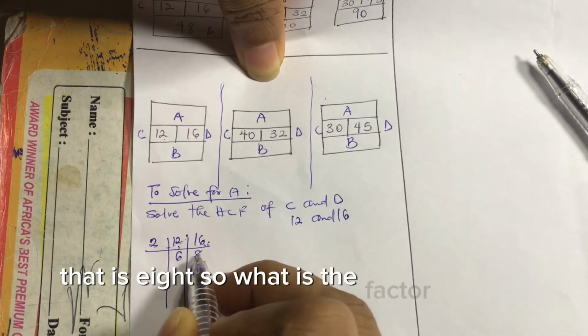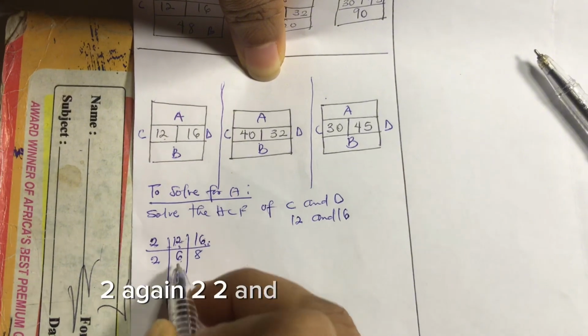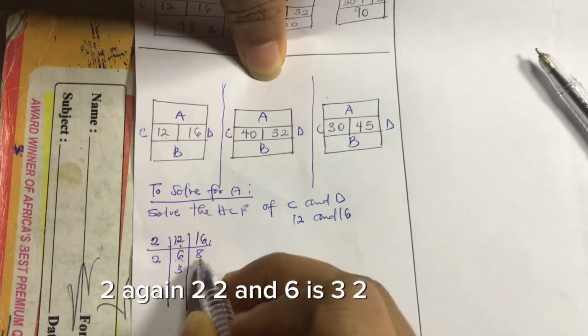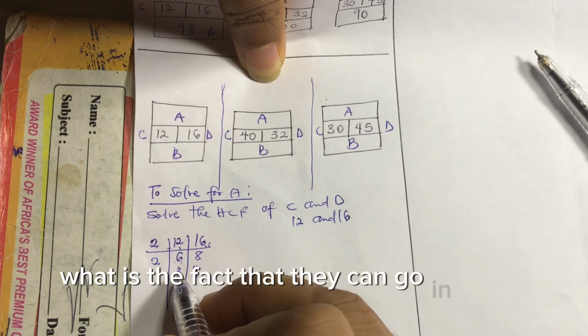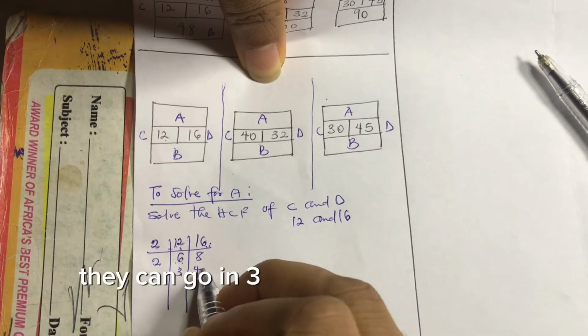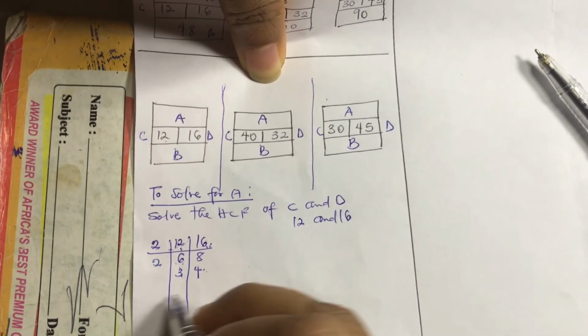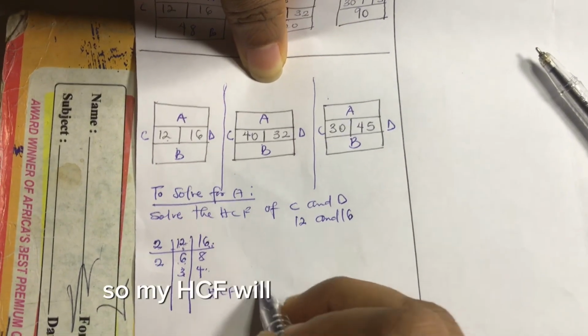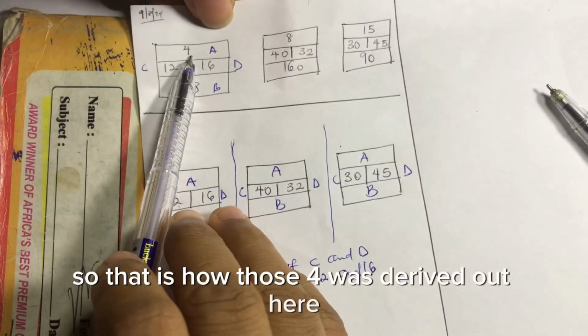What is the factor that can go in 6 and 8 again? 2 again. 2 in 6 is 3, 2 in 8 is 4. Now what is the factor that can go in 3 and 4 without remainder? Nothing, because there is no factor that can go in 3 and 4 at the same time. So this is my final answer. My HCF will be 2 times 2, which is 4. So that is how this 4 was derived, which is my A.